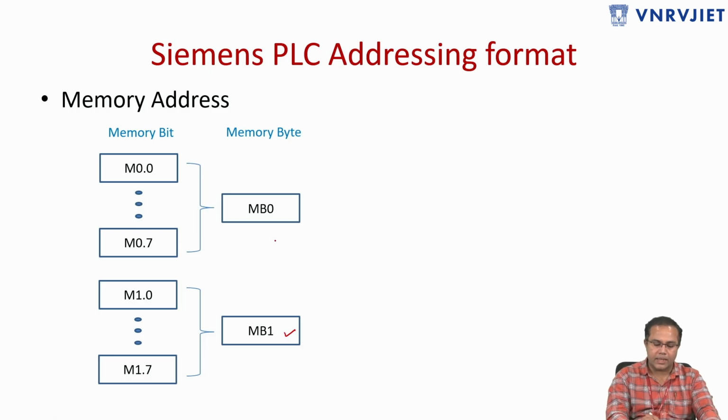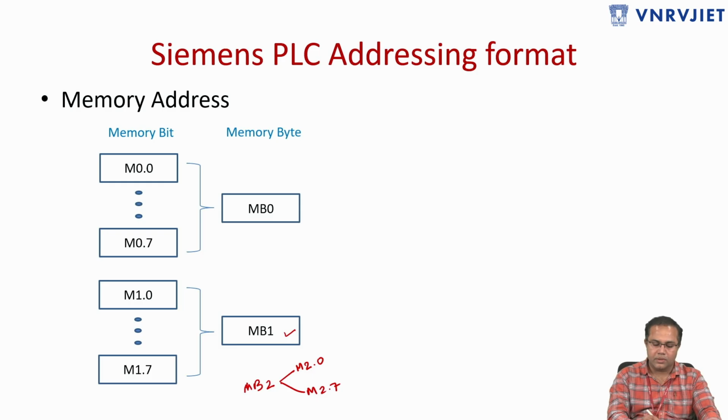Like that, we can have memory byte registers MB0, MB1, MB2, and so on. MB2, you can guess, will have bits from M2.0 to M2.7. Understood?